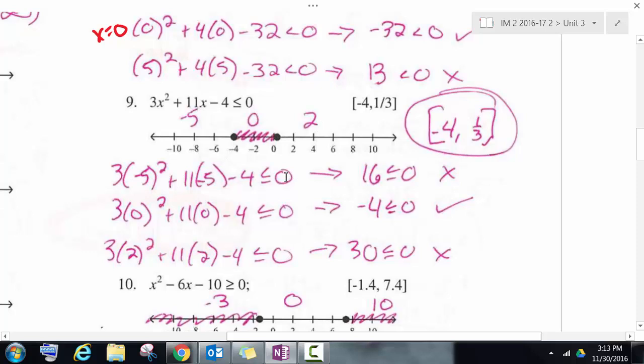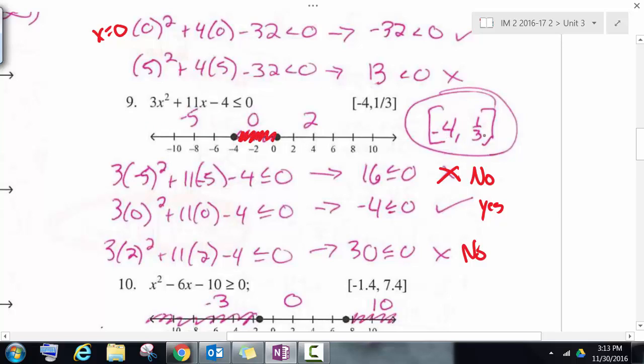So negative 5 gives us 16, which gives us the left side. 16 is not less than or equal to 0, so that's no. So those X's really mean no, and the check mark means yes. 0, when you plug it in, you get negative 4, which is less than 0, so that's a yes. I plug in 2, and that's a no. So these are all no's, these are all no's, all my yeses are in between.